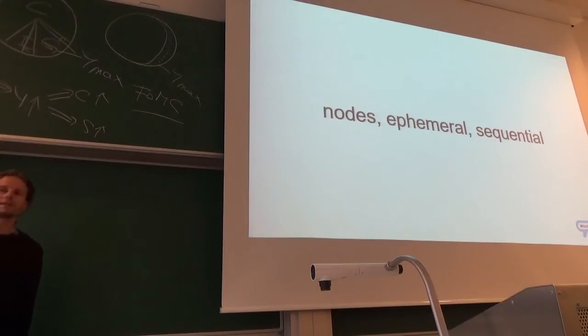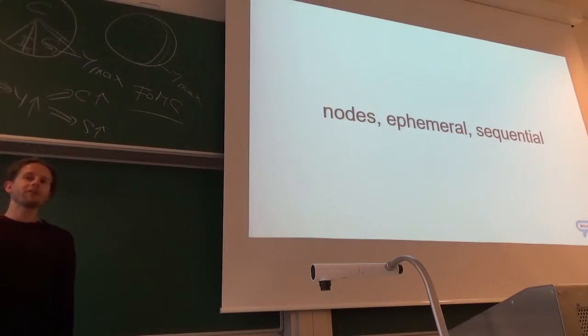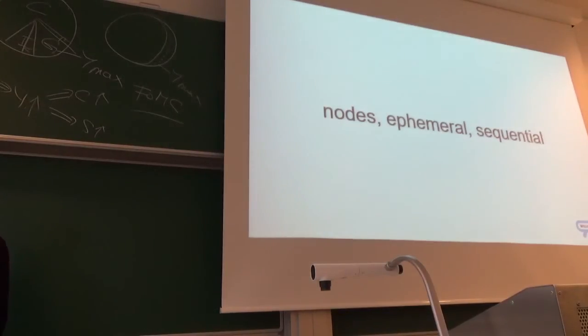The nodes you can create are somewhat different than creating a folder on a file system. They can have different attributes and different behavior. You can create a normal node, so you create it, and it's just there. You can disconnect, you can reconnect, it's just sitting there and waiting. It's like you're creating a folder. You can create an ephemeral node. An ephemeral node has a really different behavior.